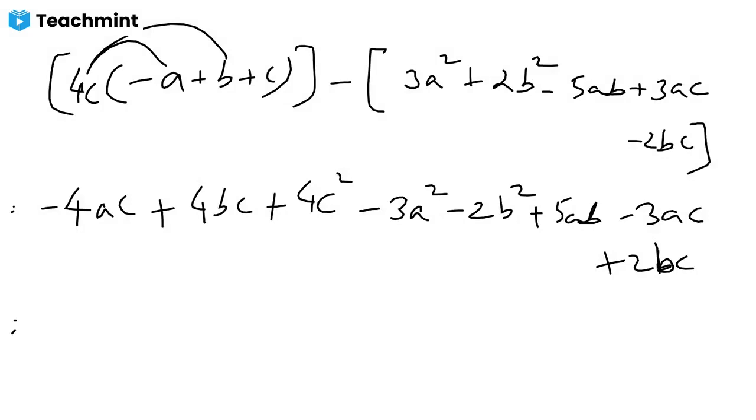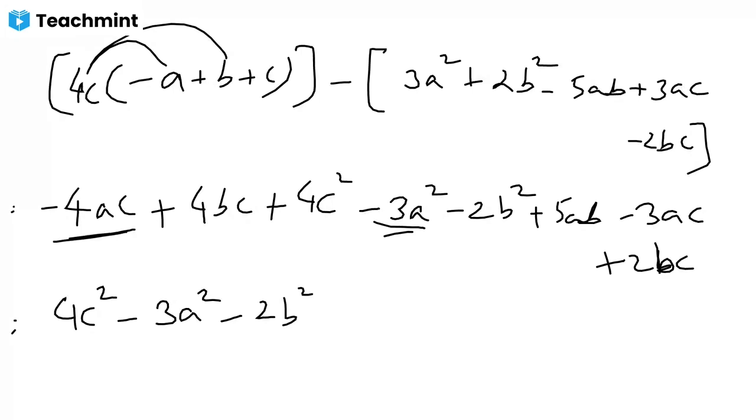Now what will happen here? There are same terms, look. Let's take the square terms together first. Anyway, we can arrange it, no issues. So here 4c square, minus 3a square, minus 2b square. So all the square terms have been taken. Now minus 4ac. Is there any other ac term?